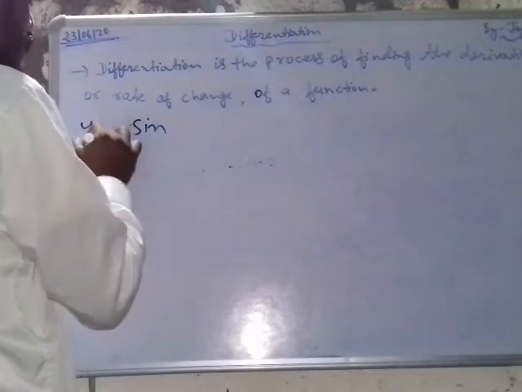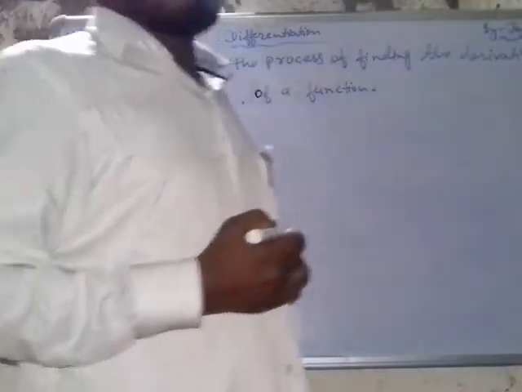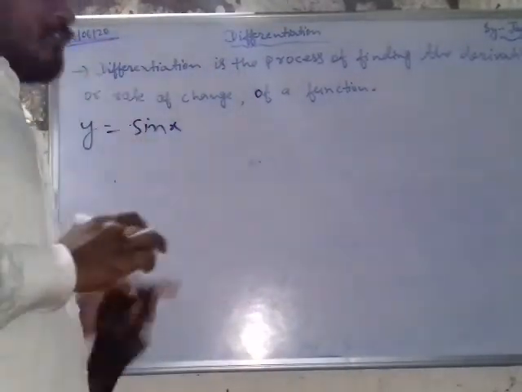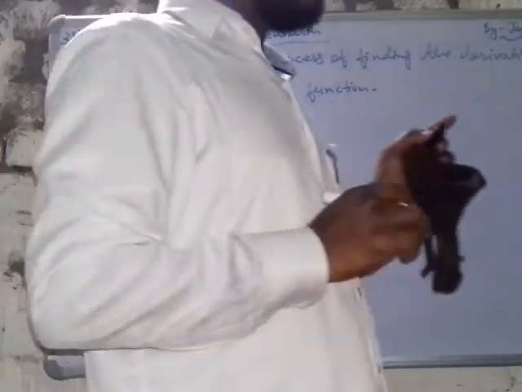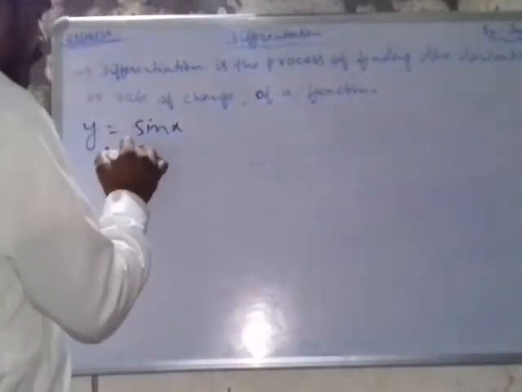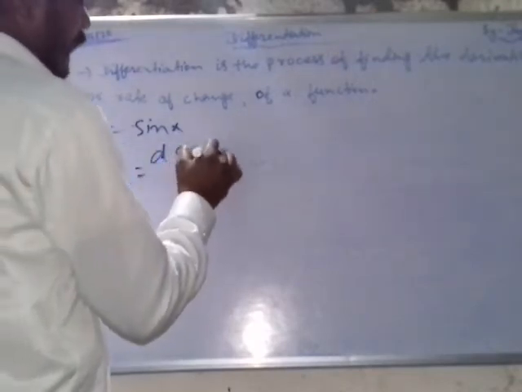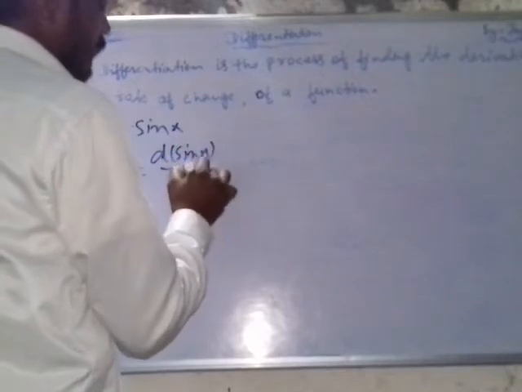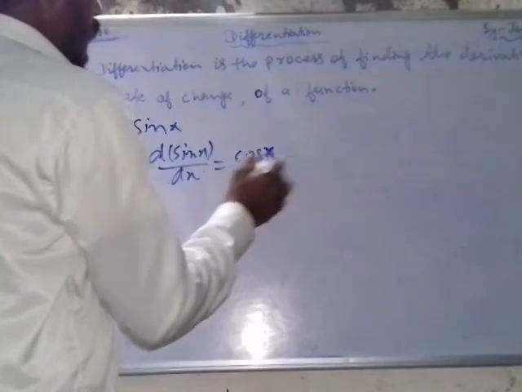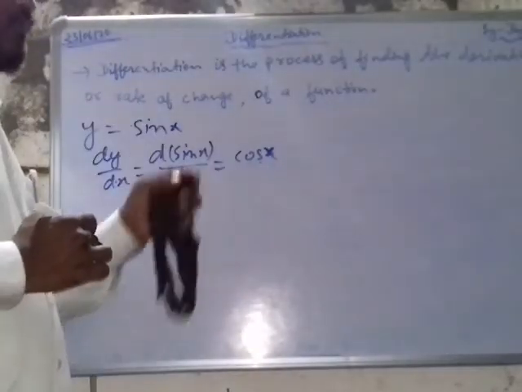If y is equal to sin x, and we differentiate it with respect to x, then dy/dx is equal to d(sin x)/dx is equal to cos x. This is the formula for differentiation of sin x.